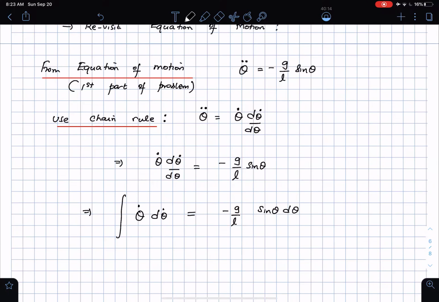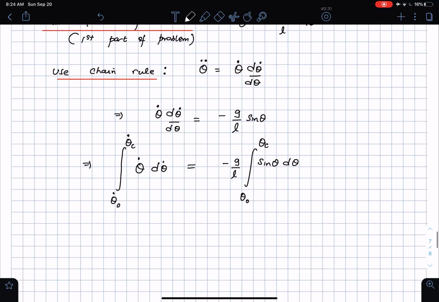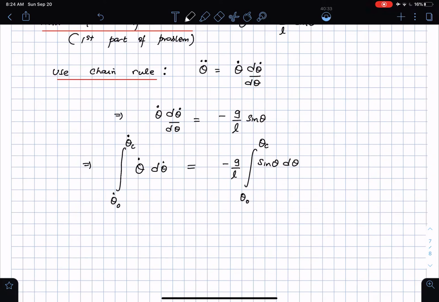Look at my integrals. This is going to start from theta dot naught to theta dot C. Let me write that properly, to theta dot C, which means that this is going to go all the way from theta naught to theta C. Question is, what is theta dot naught and theta naught?